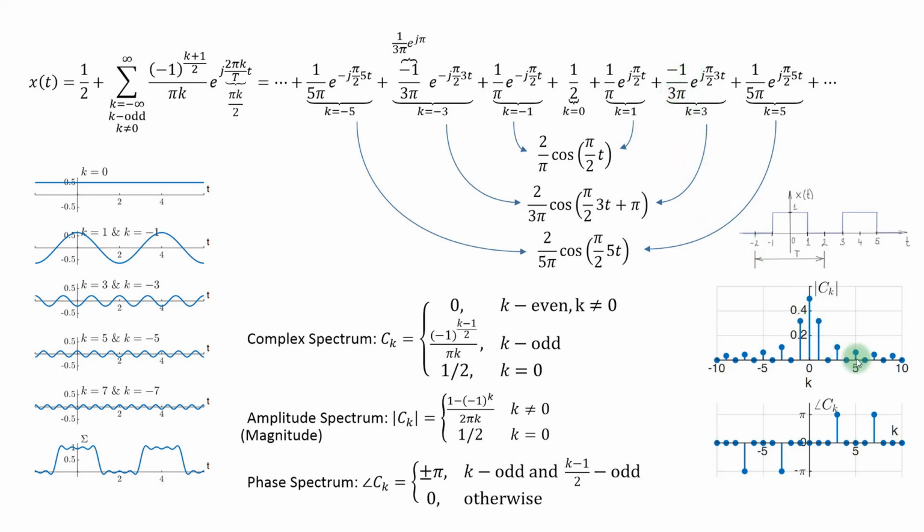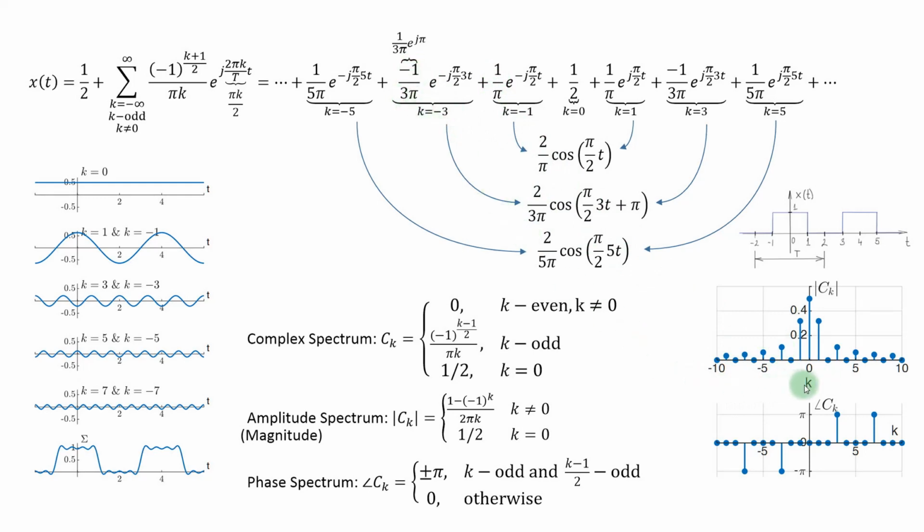For k equal to 5, we will get this value, and that corresponds to 1 over 5 pi. For k equal to minus 1, this value corresponds to this 1 over pi. For k equal to minus 3, this value corresponds to this 1 over 3 pi.